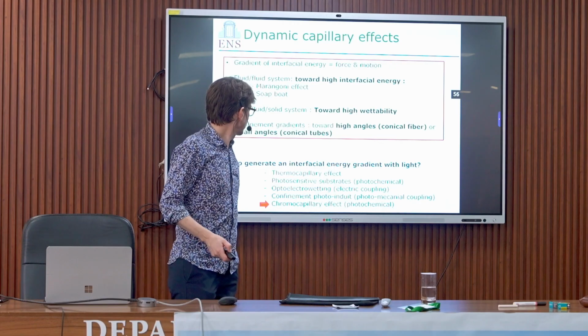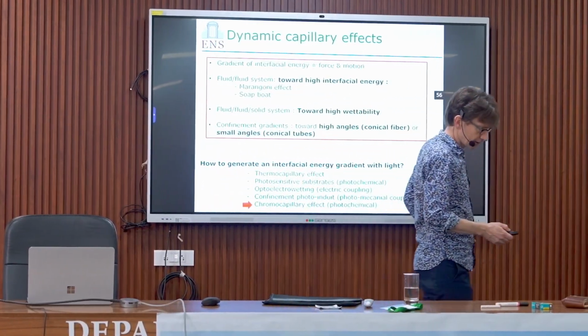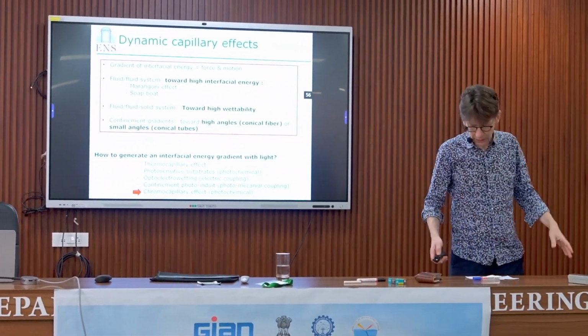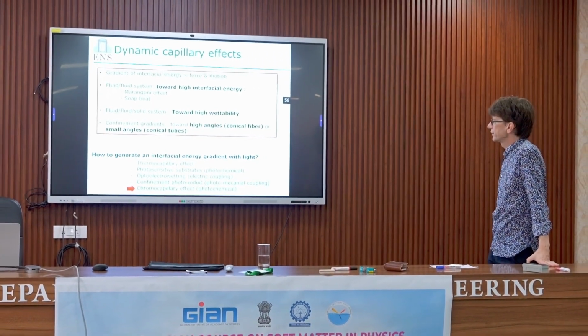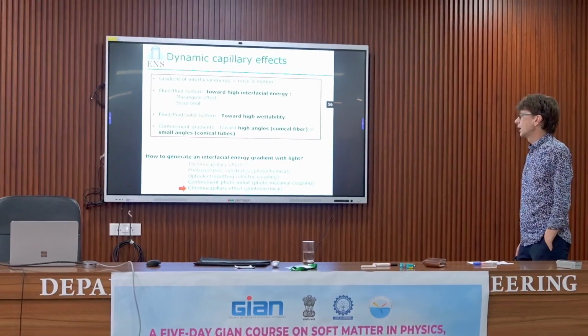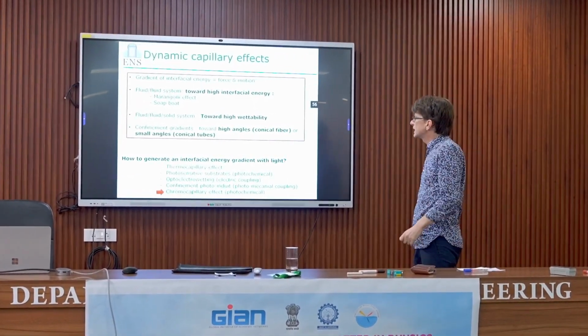So we have all these aspects that you can use to use light to do a fluidic operation, and I would like just to show a few examples of how you can directly address capillary effect with light.